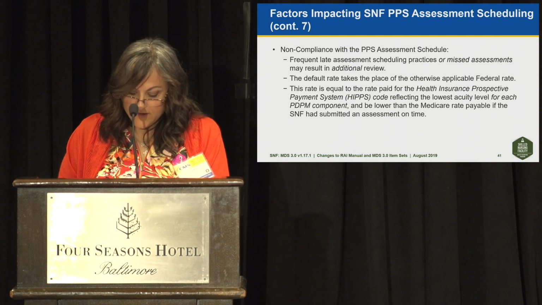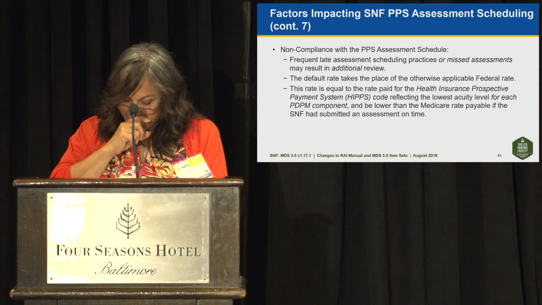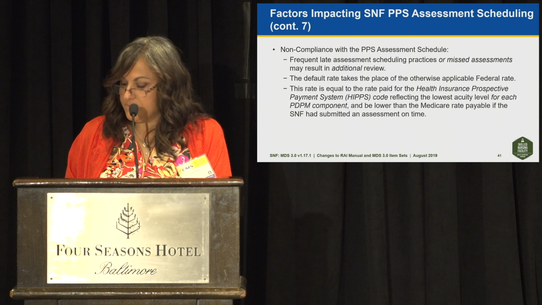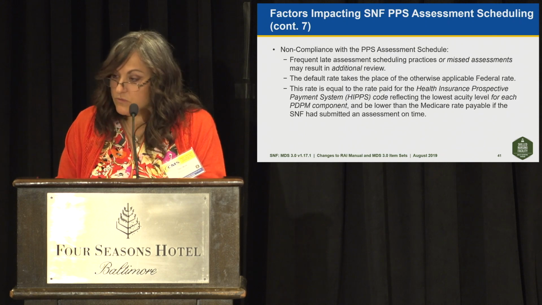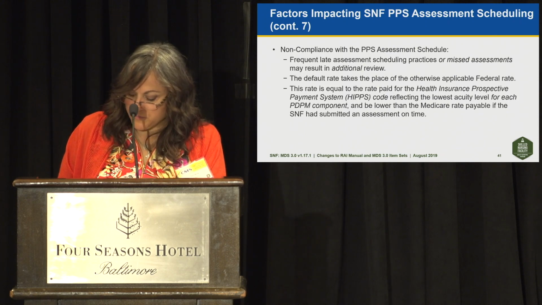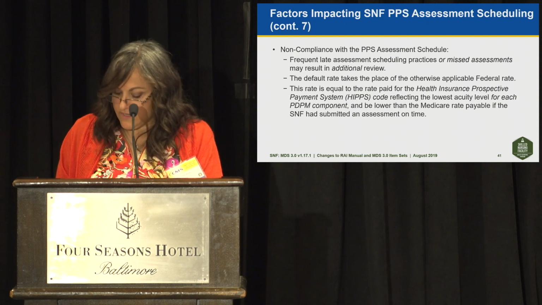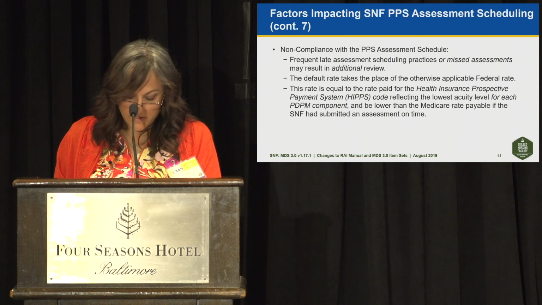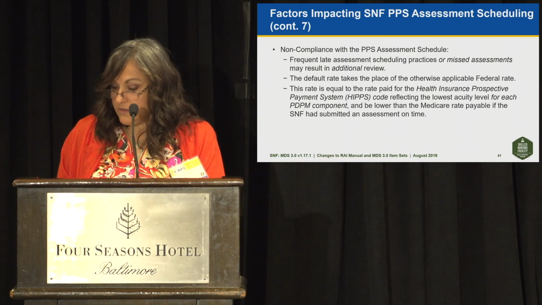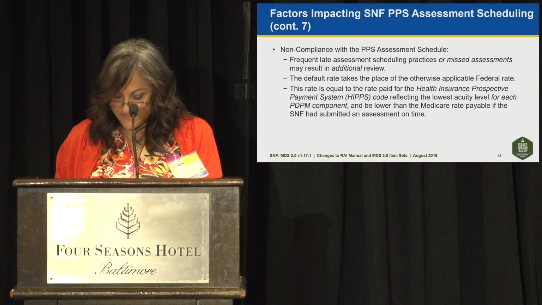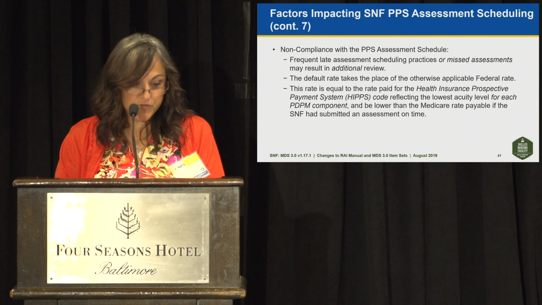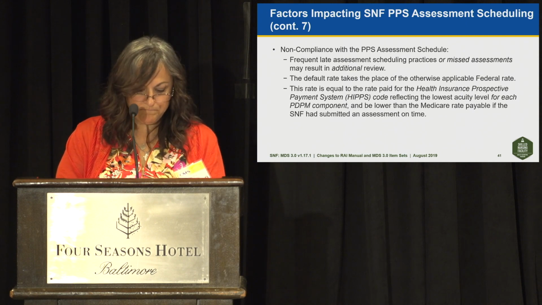And the default rate in this case would take the place of the otherwise applicable federal rate. The rate is equal to the rate paid for the Health Insurance Prospective Payment System, or HIPS, code that reflects the lowest acuity level for each PDPM component, and would generally be lower than the Medicare rate payable if the SNF had submitted an assessment according to the prescribed assessment schedule.